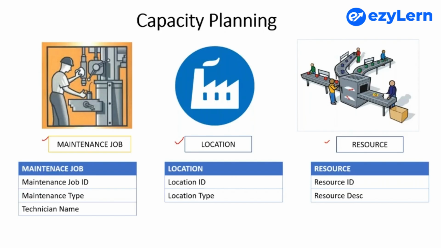So we went with a flag of 1 or 0. 1 means the maintenance will start in that particular time period for that particular location and a particular maintenance job. So the planner should be able to go and maintain ones and zeros across the time horizon.